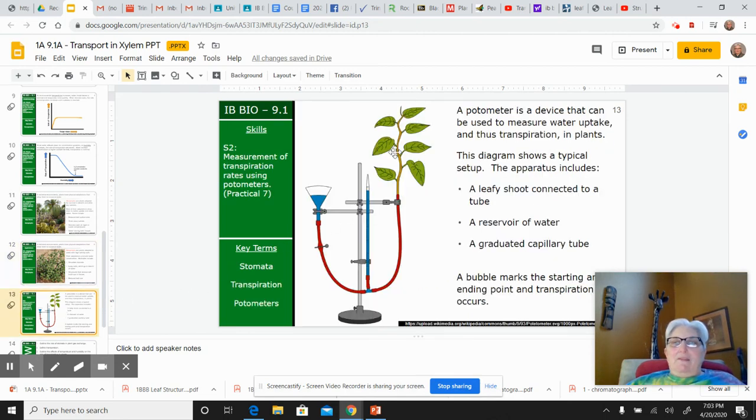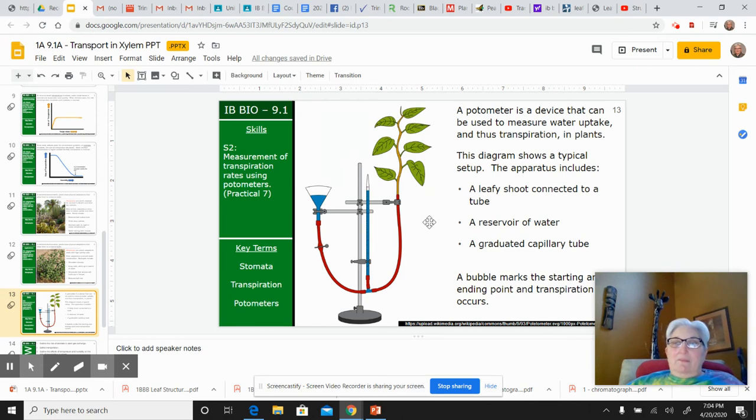Now, the last piece of this is a look at our potometer, and we see the setup here. If we were in the lab, we would be using leaves or stems from the laurel plant. It's a very common plant, and it's very good for testing transpiration. So we do have potometers, and we would have set these up.